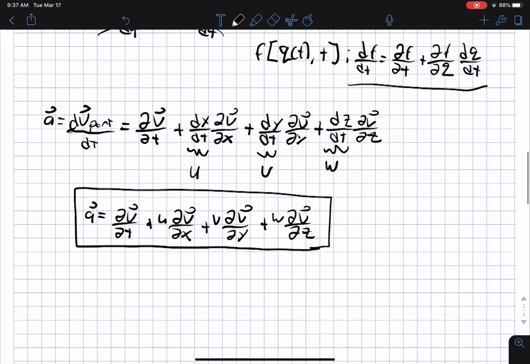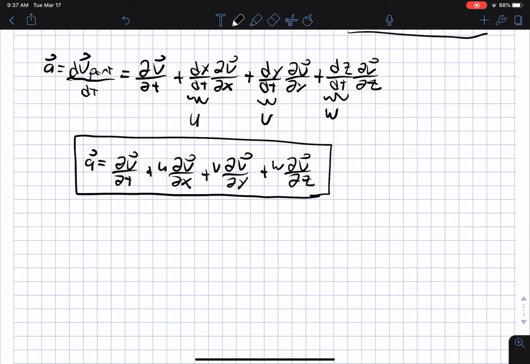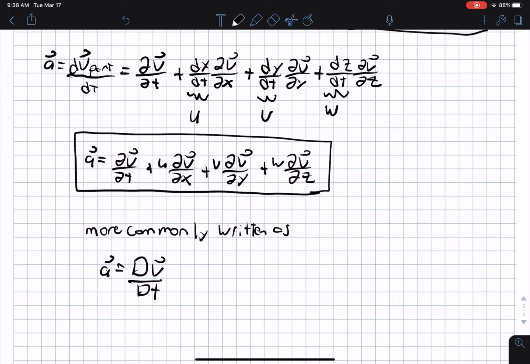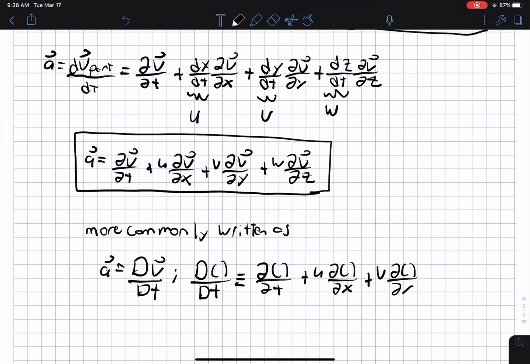Okay, and so this here is a very common operator, and this is more commonly written as the acceleration equals capital D v over capital D t, where this capital D over D t is an operator, and it can act on a lot of variables, not just the velocity, and this operator is defined as partial t plus u partial x plus v partial y plus w partial z.